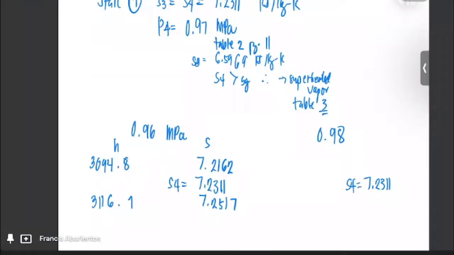Sa kabila 0.98. Nasaan? We have 7.2061 the S. And yung H natin. Okay, interpolate na class sa 0.96. 7.2417.